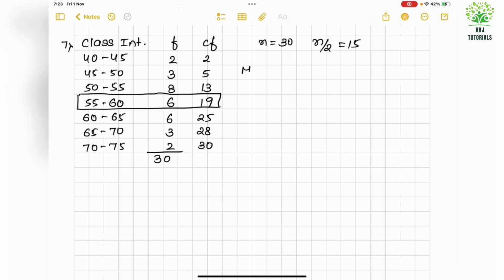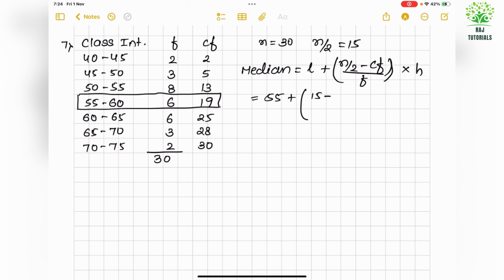So now I am putting median equal to L plus n by 2 minus CF upon F into H. So L is 55, n by 2 is 15 minus CF is 13 and F is 6 into H is 5.